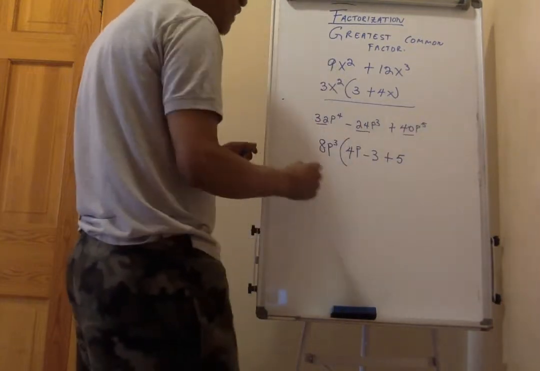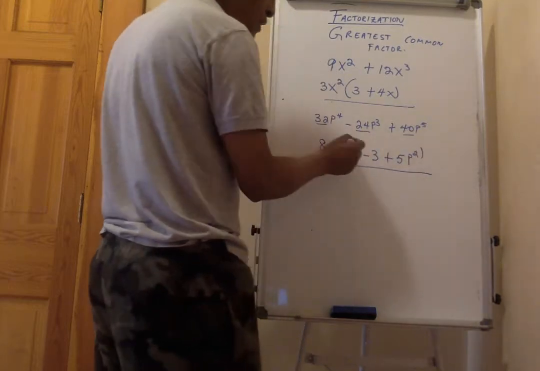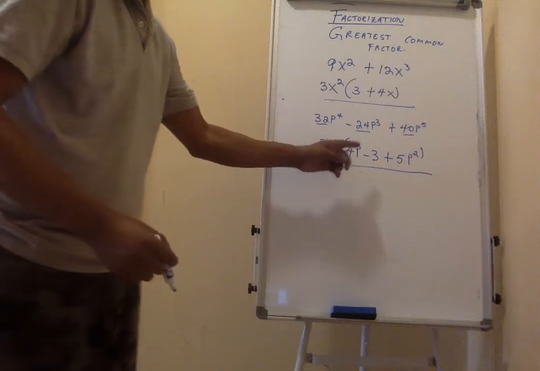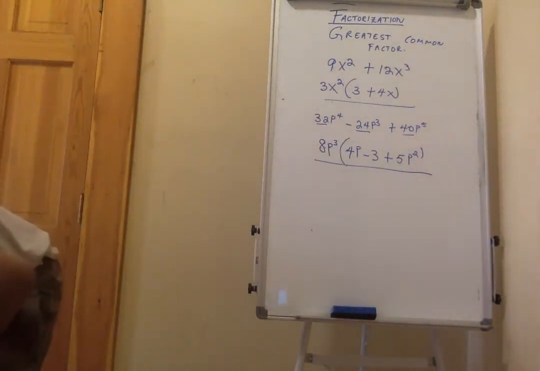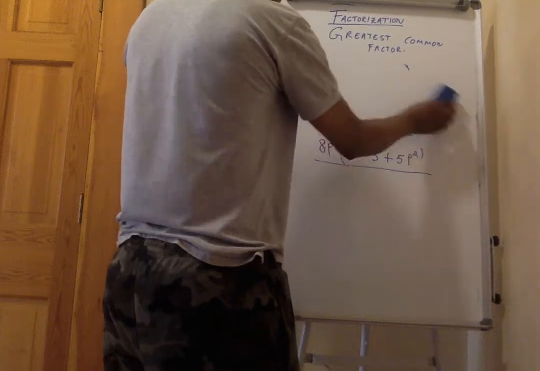And p to the fifth divided by p to the third is p squared. Once again, look, the expressions inside the parentheses have nothing in common. 4p minus 3 plus 5p squared. Okay. Take care of that. Let me do another one and then we're going to go to the next topic.